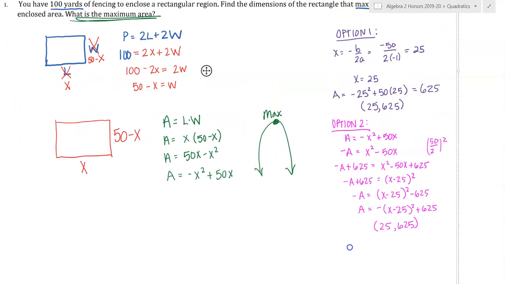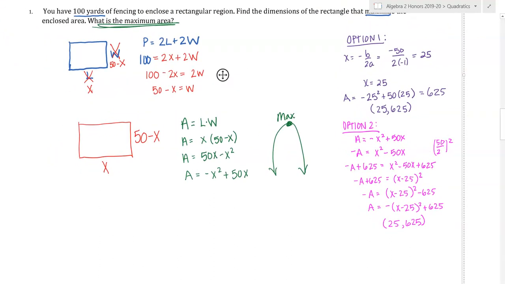Okay, so what does that mean? That means that if I go back to this rectangle and I were to put 25 in for x, this side would be 25, this would be 50 minus 25, and that would give me a length of 25.